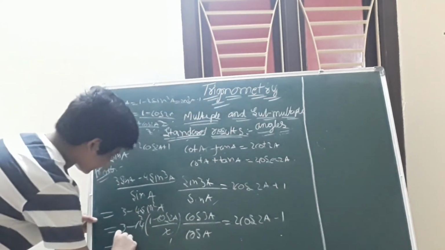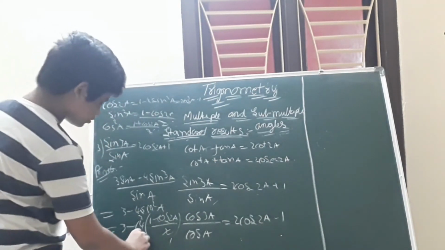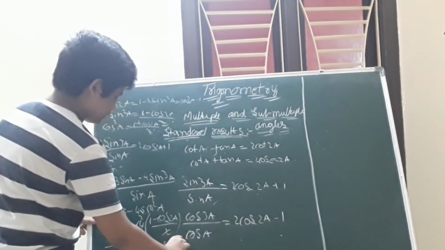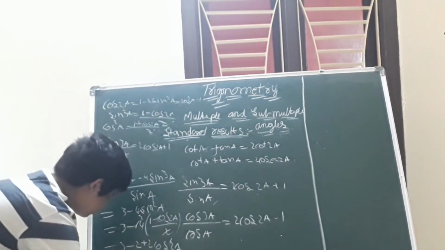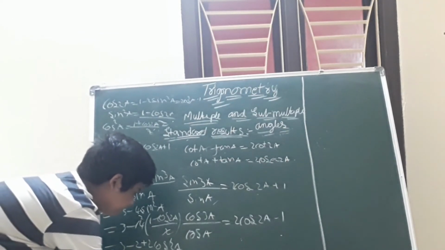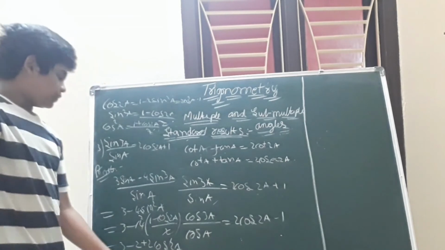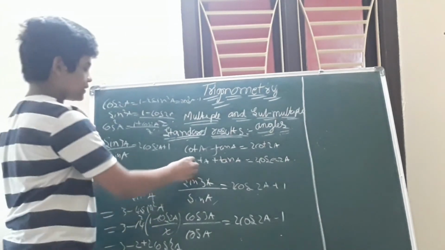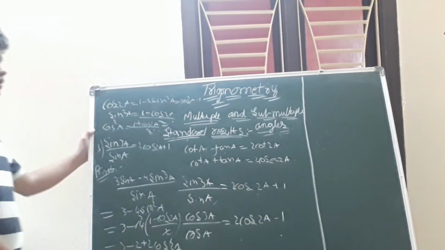So it becomes 3 minus 2 plus 2 cos 2A. From this, the final answer is 2 into cos 2A plus 1, which is equals to sin 3A by sin A.